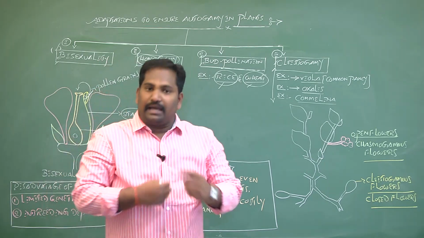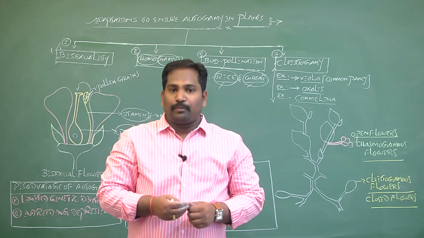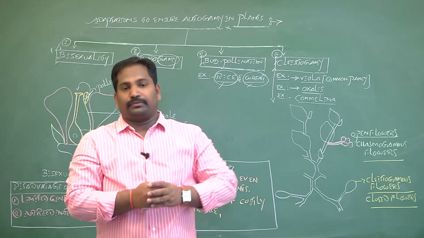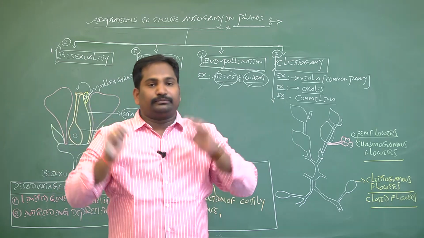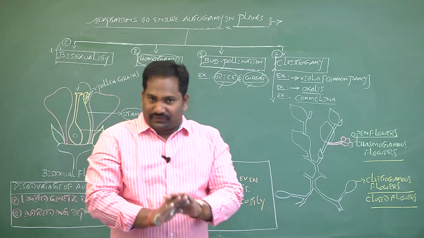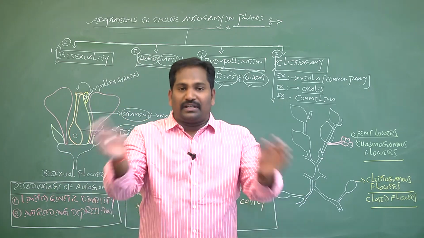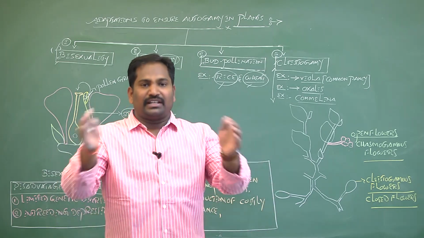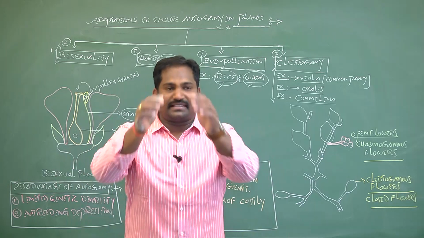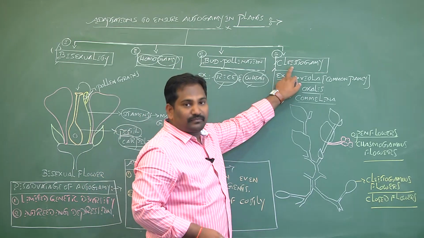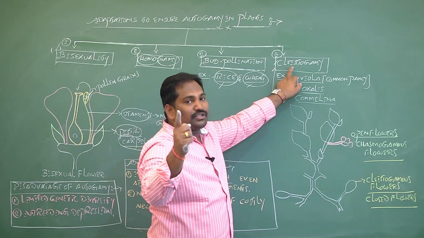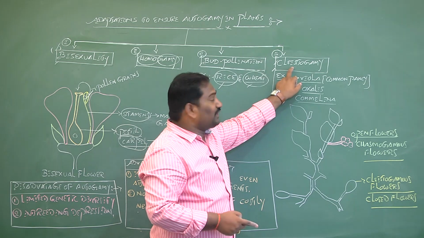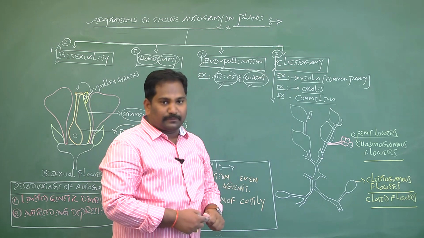Once again, I repeat, what is cleistogamy? Cleisto means closed. Flowers are not open. In such cases, self-pollination or autogamy can take place. Autogamy or self-pollination that takes place in closed flowers is called cleistogamy. This is the fourth adaptation to ensure self-pollination or autogamy in flowering plants.